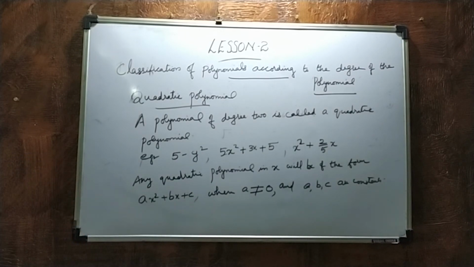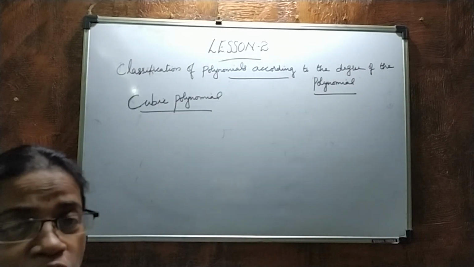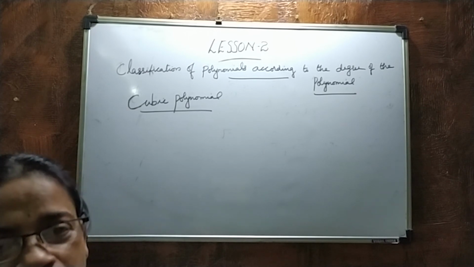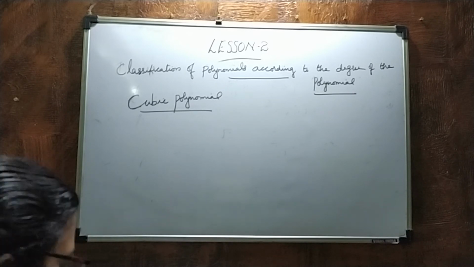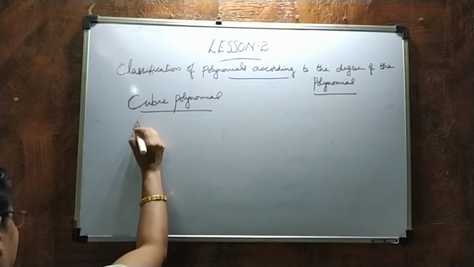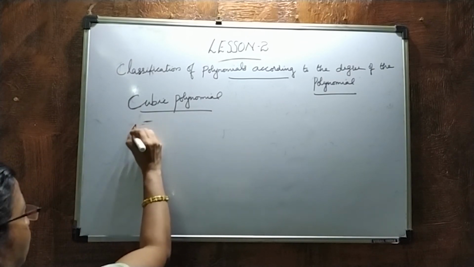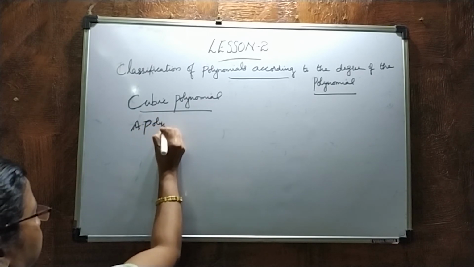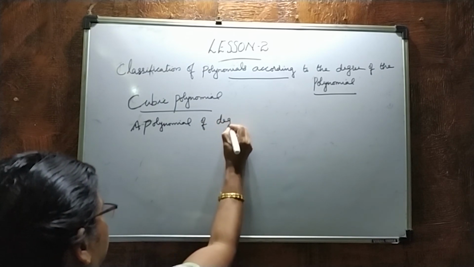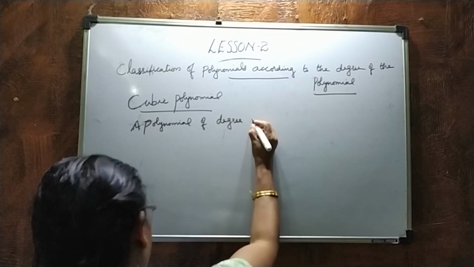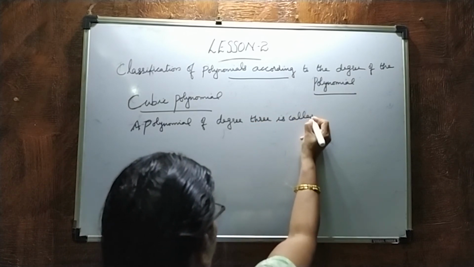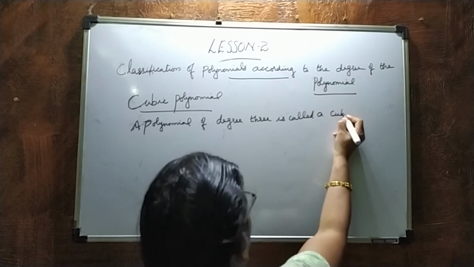Clear? Now third one is cubic polynomial. Cubic polynomial means what? A polynomial having degree 3. Cubic means 3. So that also we write: any polynomial of degree 3 is called a cubic polynomial.